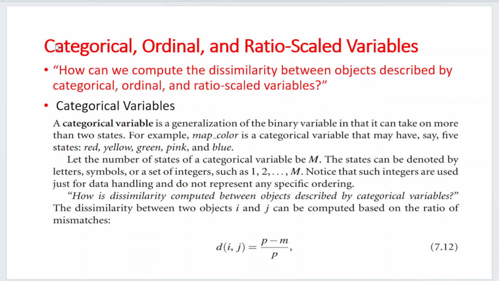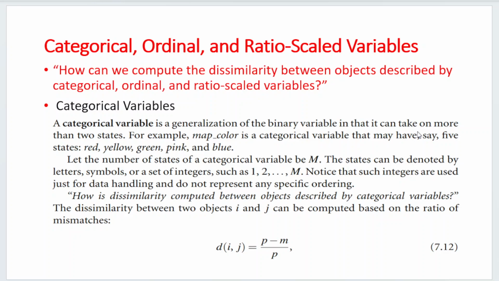Next one is for the categorical, ordinal, and ratio scaled variables. How do we compute the dissimilarity between objects described by categorical, ordinal, and ratio scaled variables? Categorical variables, we know, do not take only two states like binary variables.